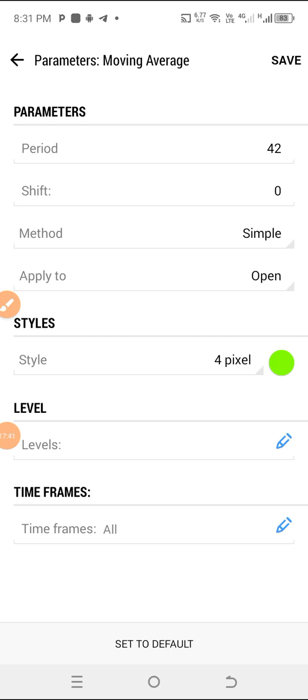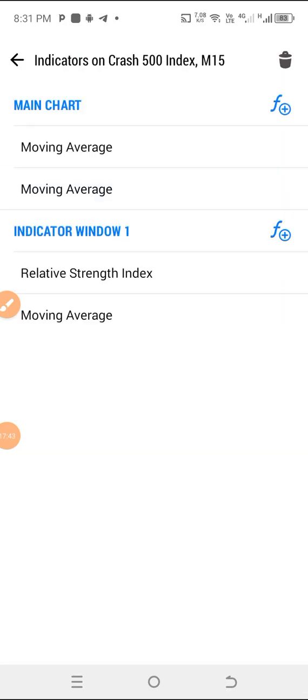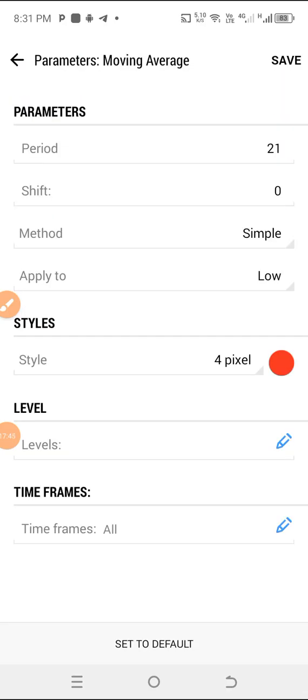Then come back to moving average again. This one should be low. I think the previous one is high, simple 21. You can see it. No level, nothing. The first one is open, then the other one is low.